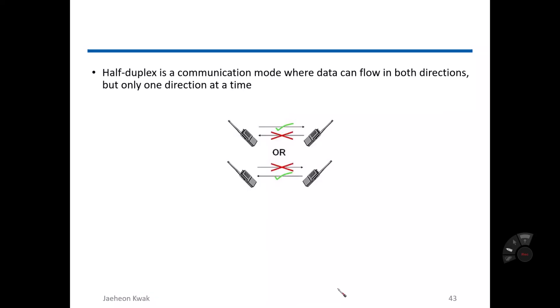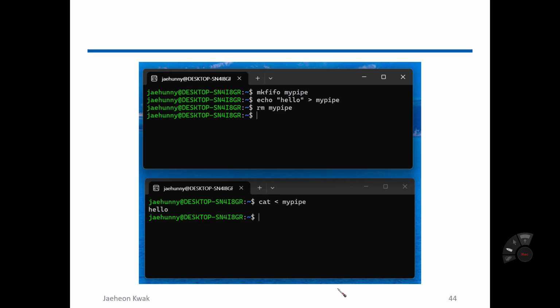So I prepared an example. To use this named pipe, you have to use this mkfifo. So it's my own named pipe, and it's very similar to handling the file system.